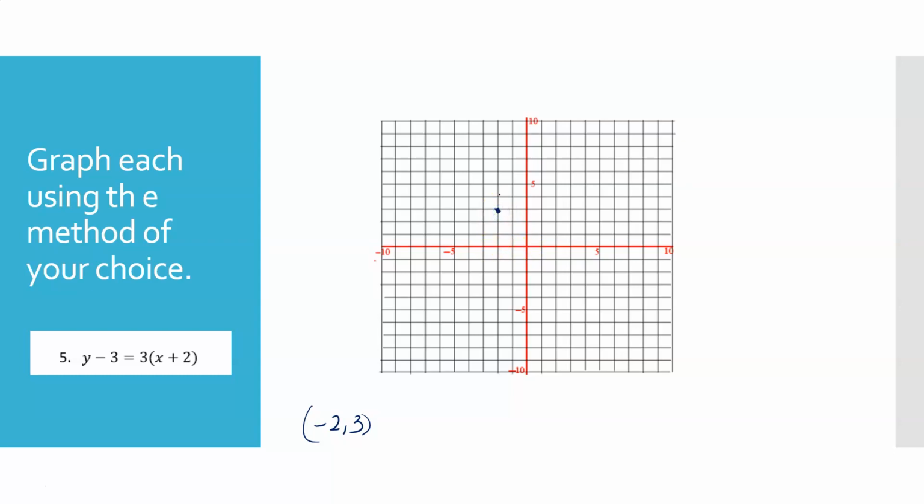And then we know my slope is 3. 1, 2, 3 over 1. A couple choices there. All right. Well, I kind of missed the dot, but mine's not too crooked. Okay.